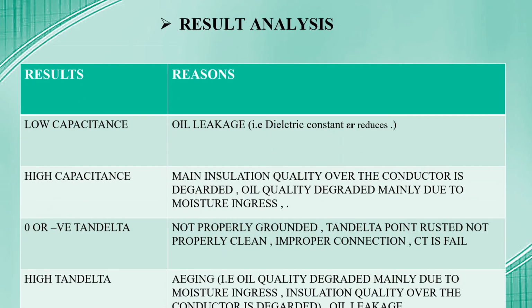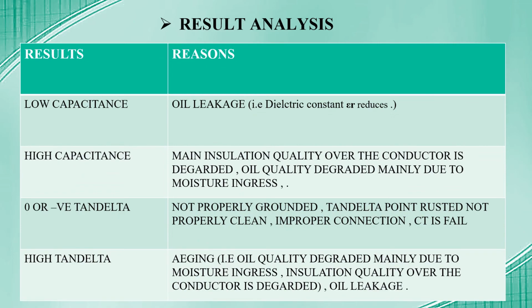Now after performing the test and obtaining the result, one must have the knowledge to do the analysis and come to some conclusion. So we will see the result analysis, and the table has been listed below. First, there is low capacitance, mainly due to oil leakage. What happens in oil leakage?